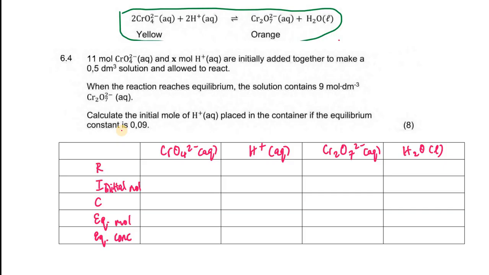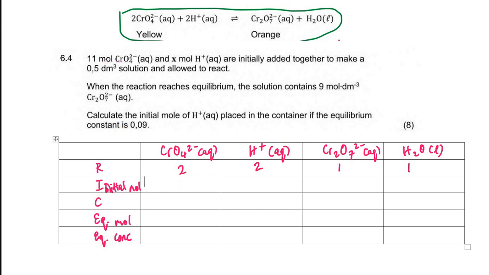Now, the ratio there is 2 is to 2. Then you have 1 and 1. Looking at these numbers here, it's 2, 2, 1, 1. Now, the initial mole, we were told that we had 11 moles of CrO4 2 minus. So you had 11 here initially.